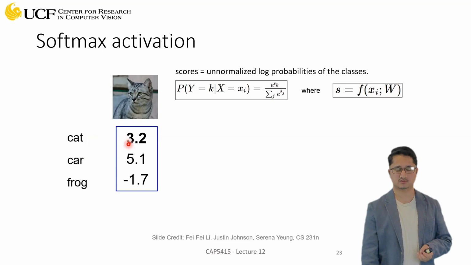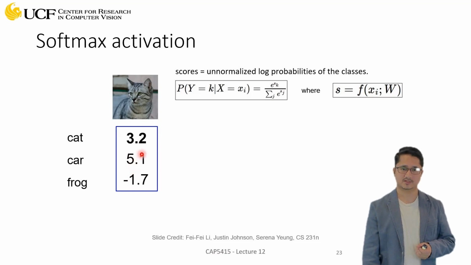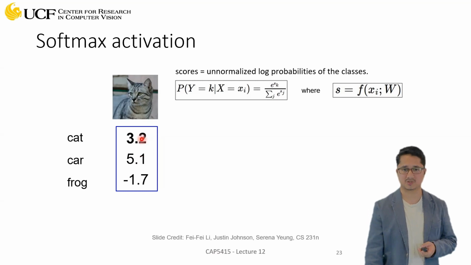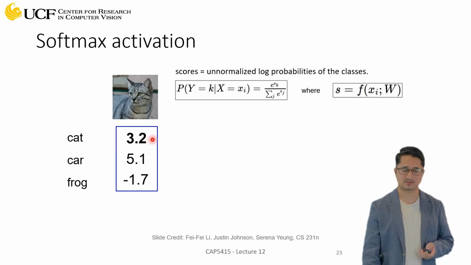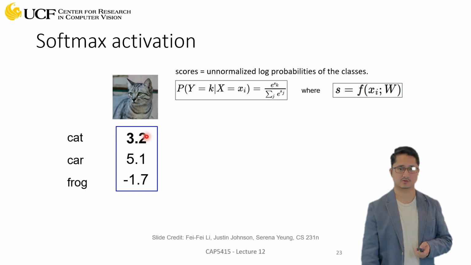But then cat is also 3.2. So of course, the network is making an error, because this is the maximum one, and the network is saying this is a car. But then there is no way of telling how good the network is doing, right? I can't tell whether 3.2 is pretty bad or maybe pretty close. So that's what softmax will help in solving for us.